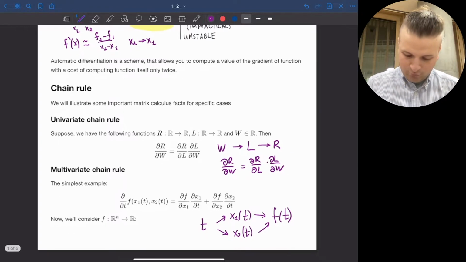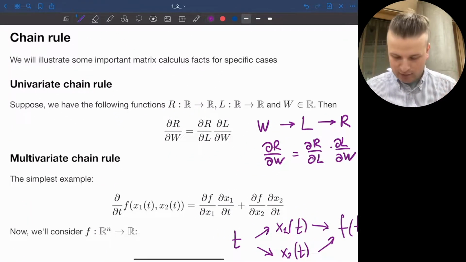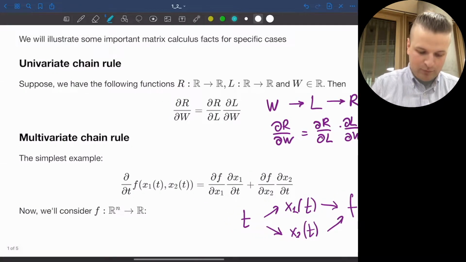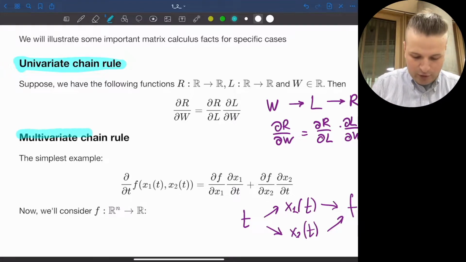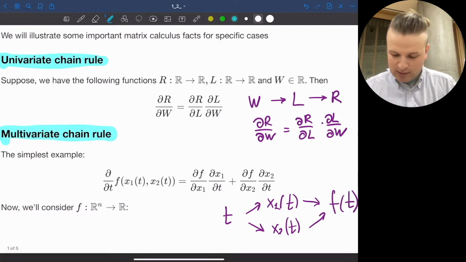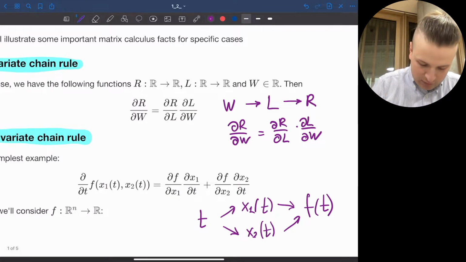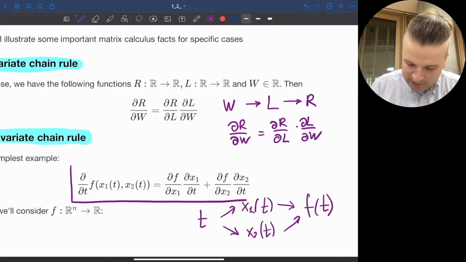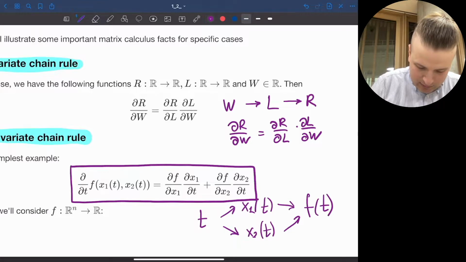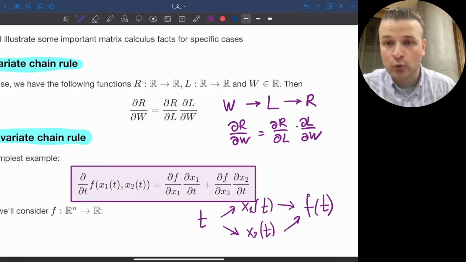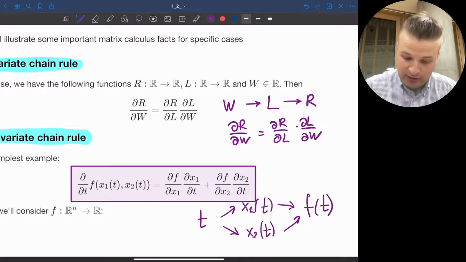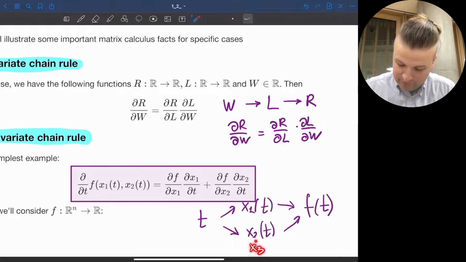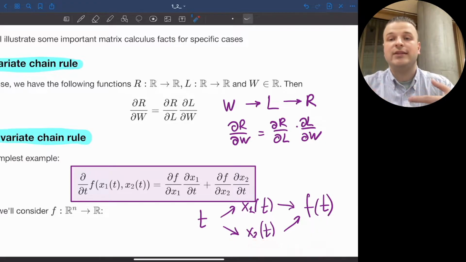So the formula of the chain rule here will be, like previously it was the univariate chain rule, now we have the multivariate chain rule, and it's very easy to imagine how this formula will look in case we have not two but say n arguments, right? Imagine that here we have x3 from t, etc., xn from t and so on.